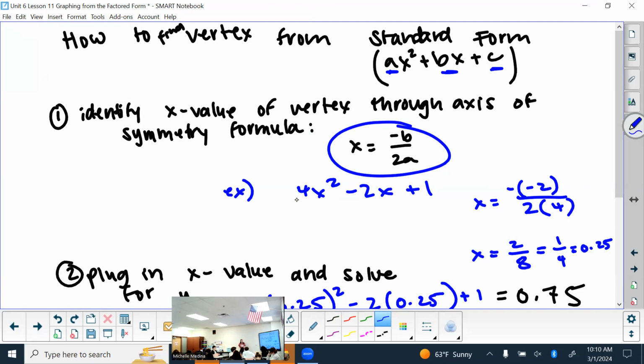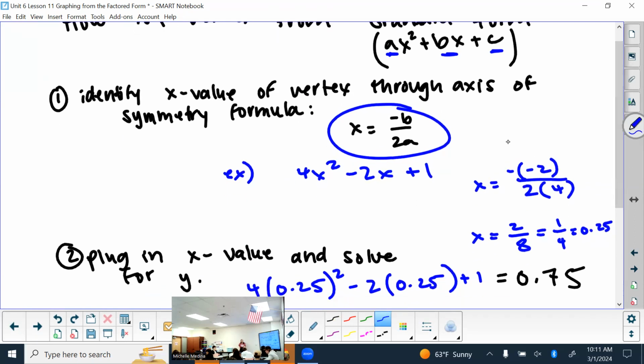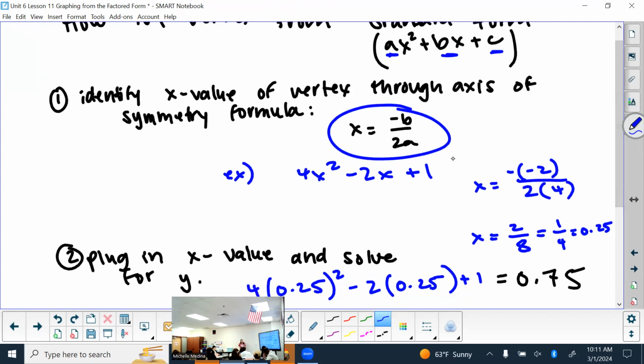So I made this random example. You've probably drawn in the example as well. So 4x squared minus 2x plus 1. When I plug it into my axis of symmetry formula, what's my B value? -2, so that's why I plugged in a -2.